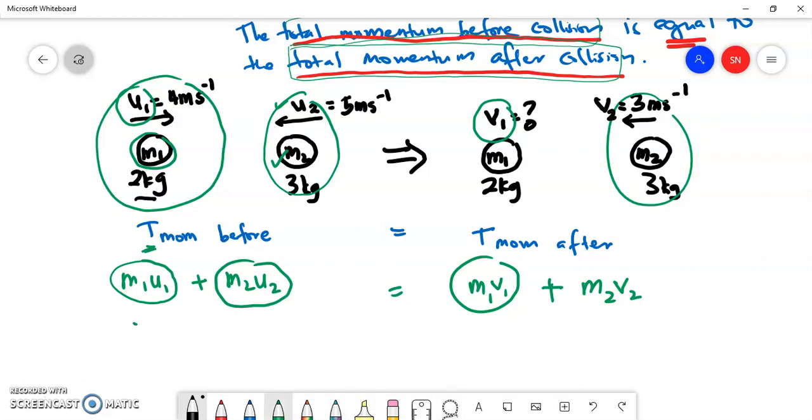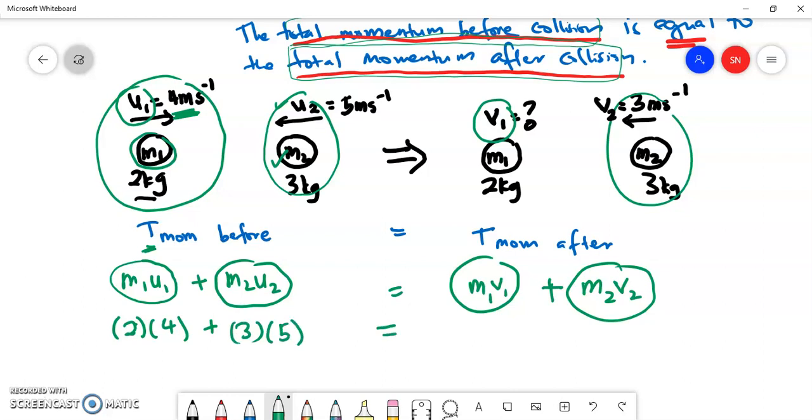Now let's fill in the formula. Mass 1 is 2, u1 is 4, plus m2 is 3, u2 is 5, equal to, substituting accordingly, m1 again 2, v1 we don't know and want to find, plus m2 is 3, v2 is 3.